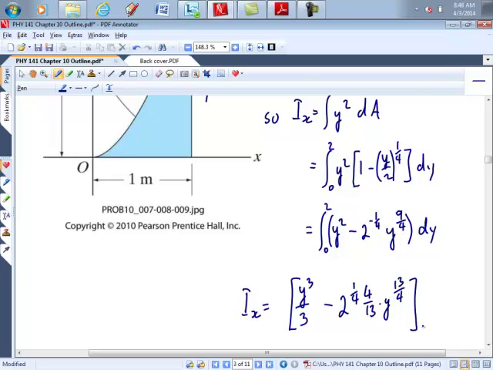And that's evaluated between 0 and 2, but both of these terms are going to be 0 when y equals 0. So we just have to evaluate it at 2.